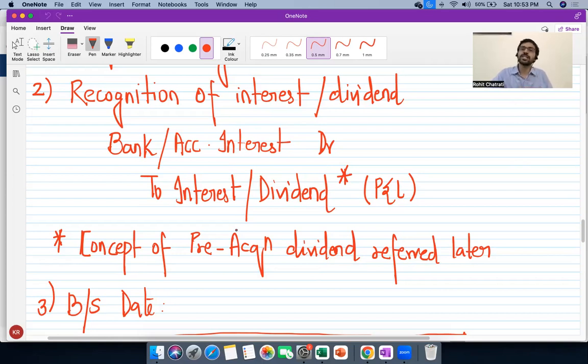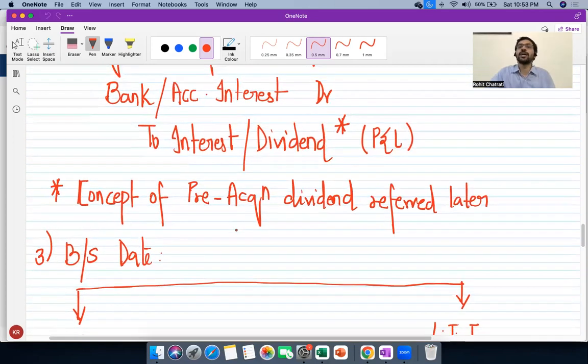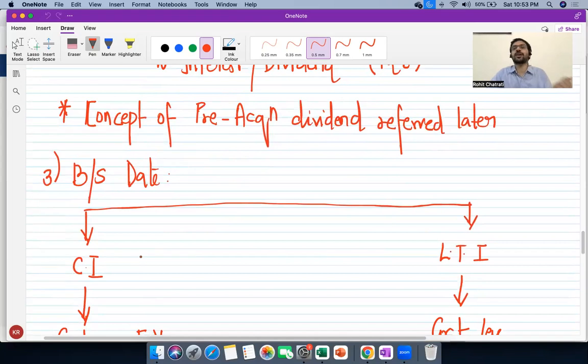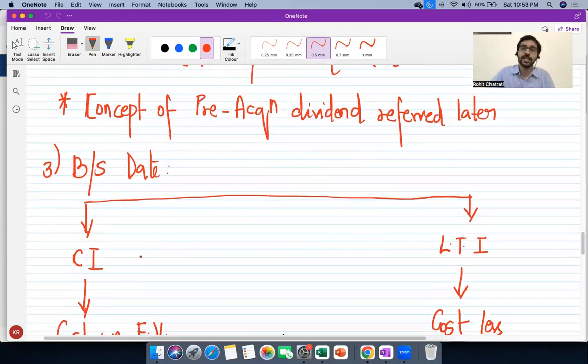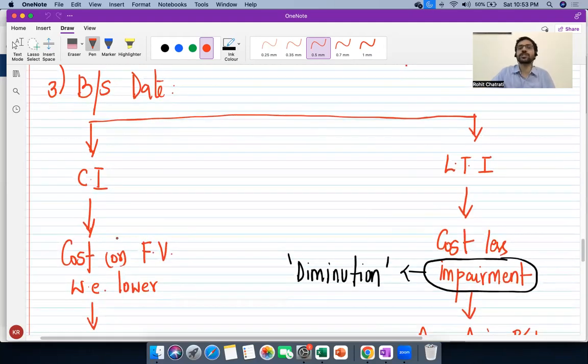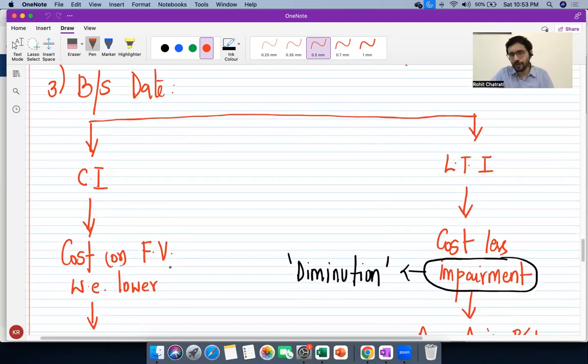Now the question is, at what value are we going to show it in the balance sheet? For this purpose, we actually have the split between current and long-term investment. If it is a current investment, AS 13 requires us to show it at cost or fair value, whichever is lower. All right. On the balance sheet date, in case of a current investment, you are supposed to show it at cost or fair value, whichever is lower.